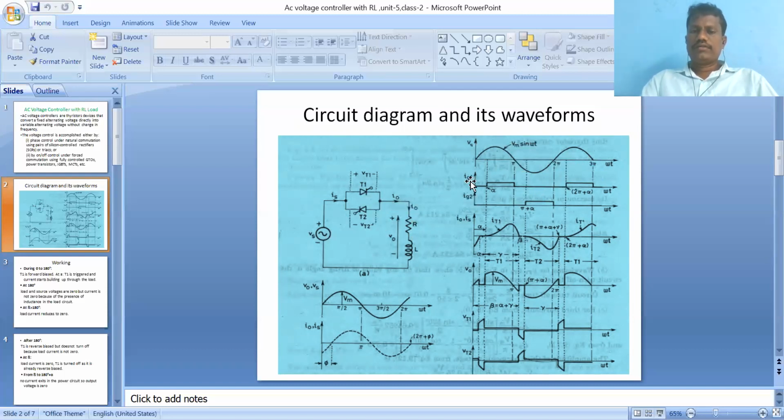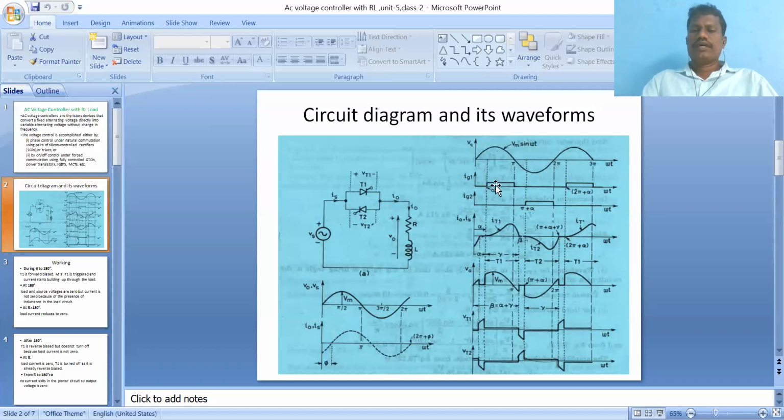Where should we represent the gate currents of 1 and 2? In every past half cycle the first thyristor will be triggered, and in every negative half cycle the second thyristor will be triggered.